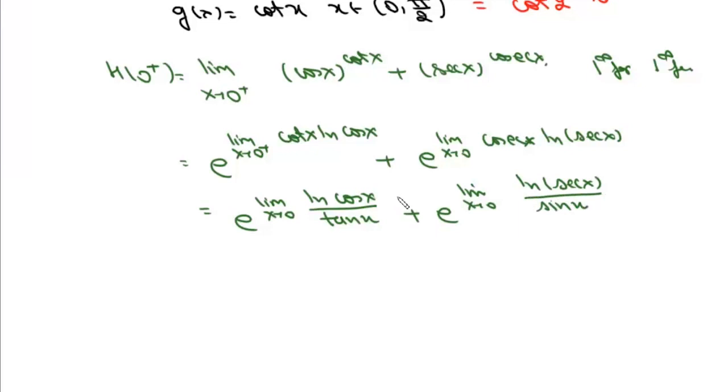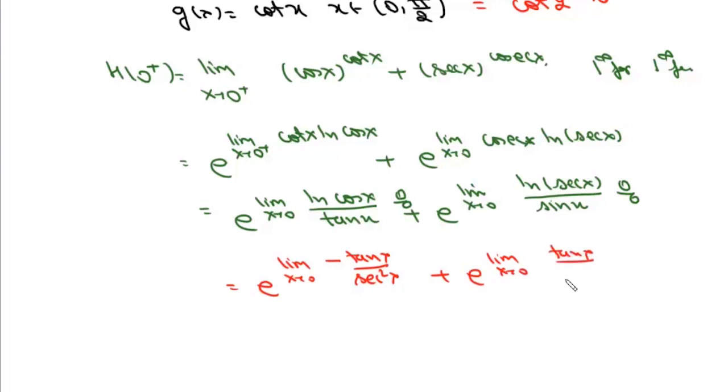Now both of them are 0 upon 0 forms, so we can use L'Hopital's rule. The derivative of log cos x is 1 upon cos x times minus sin x, and the derivative of tan x is secant square x. And for the second, it is 1 upon secant x into secant x tan x, and the derivative of sin x is cos x. Now tan 0 is 0 and secant 0 is 1. So this is e to the power 0, which is 1, and here also it is e to the power 0, which is 1. So its right hand limit is 2.